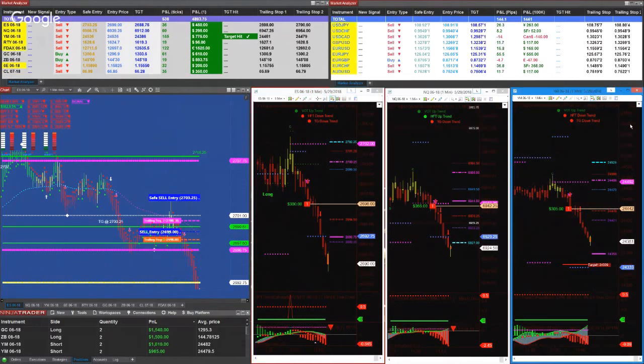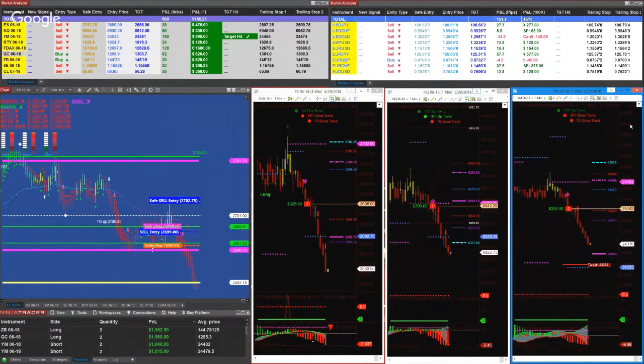For the ones that don't know our system, we have a system here that calculates institutional numbers every day. If we look at the YM institutional number, it says the target is 24,339. Once you hit this target at 12 o'clock, that's why I like NinjaTrader 7, because it took us 9 years, 10 years of development.